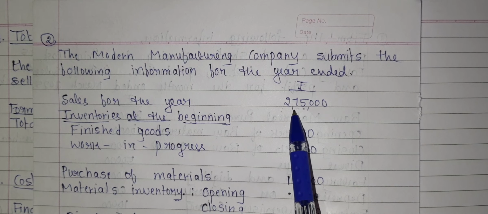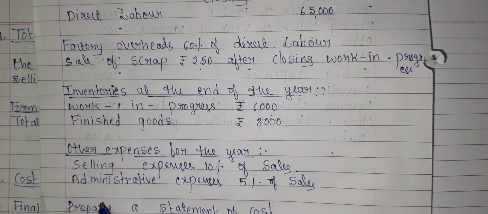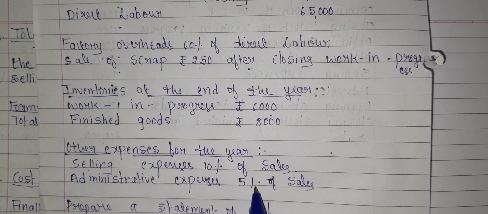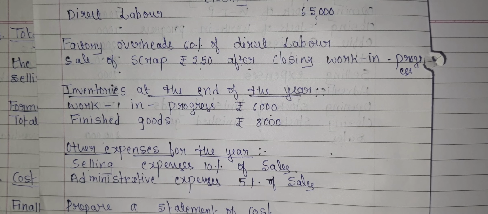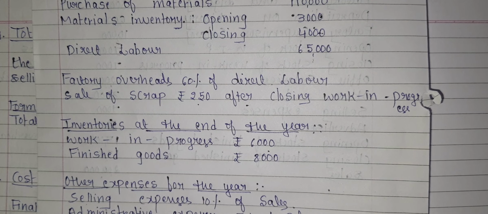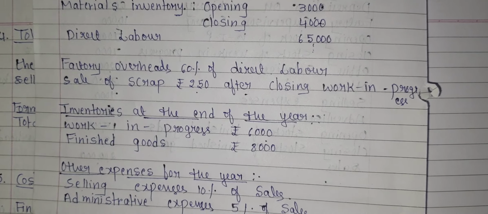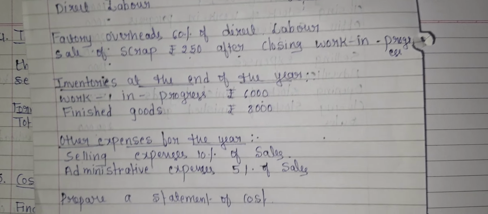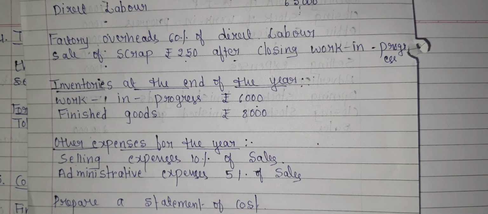That is rupees 2,75,000 into 10%. Next one, administrative expenses 5% of sales, means 2,75,000 into 5%, that is equal to our administrative expenses. So prepare a statement of cost.